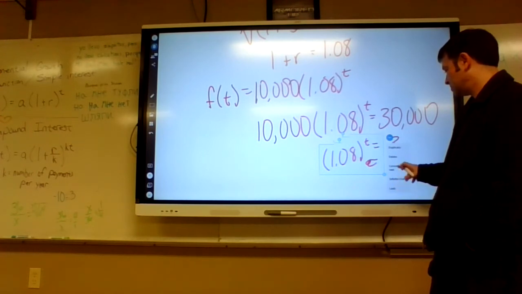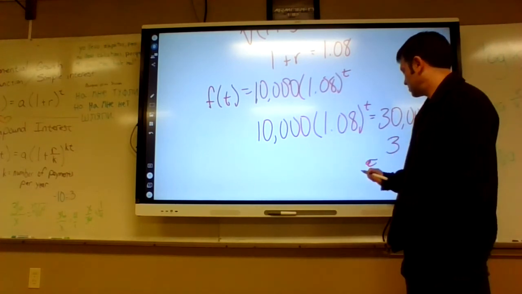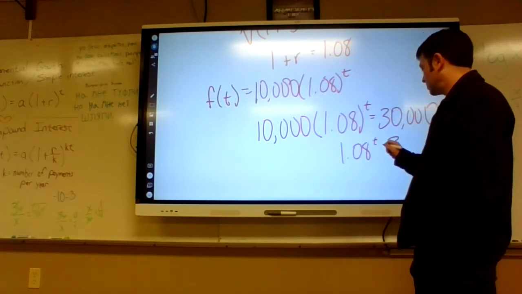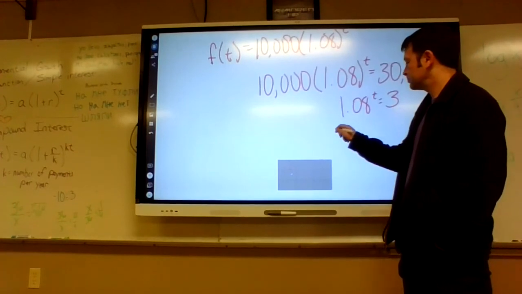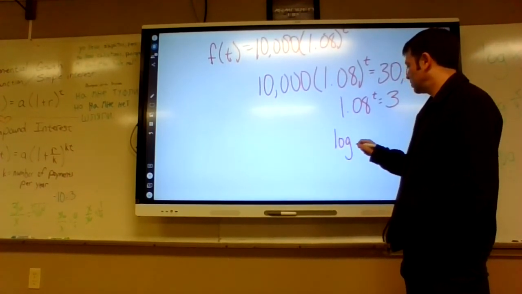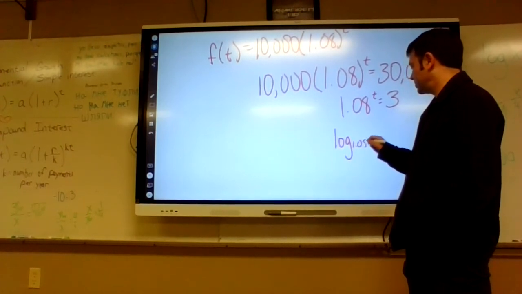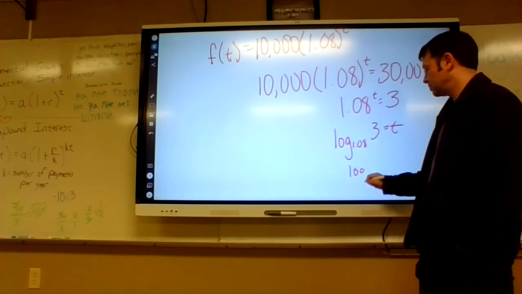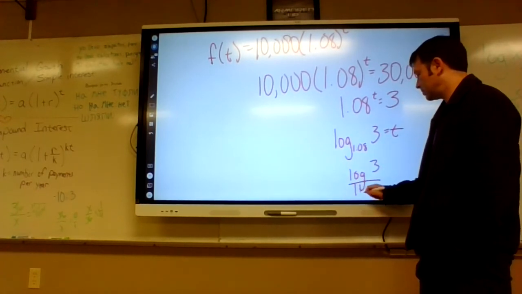Because I always forget how to get rid of the exponent. And you change it to a log. Oh, that's right. So log base 1.08 of 3 equals t, or t equals log of 3 divided by log of 1.08.